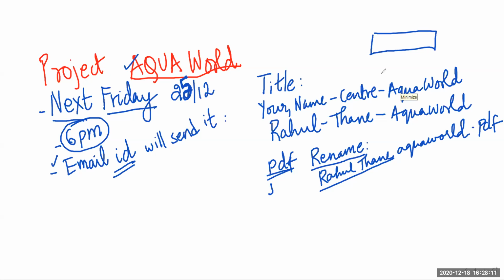Whatever project you are sending me, that project should have your name. So project Aqua World needs to be submitted by Friday 25th before 6 p.m. On the group, I am going to send an email ID.